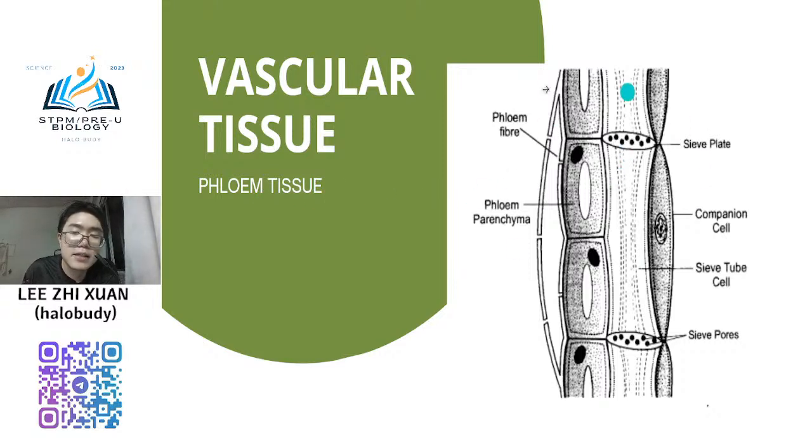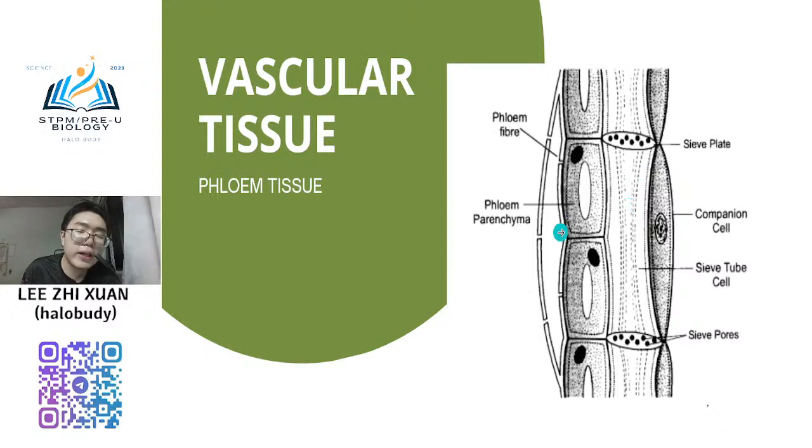So this is the phloem structure. In phloem tissue we have 4 types of cell: companion cell, sieve tube cell, parenchyma cell, and also fiber. But the cells that take part in translocation are only the companion cell and the sieve tube cell.